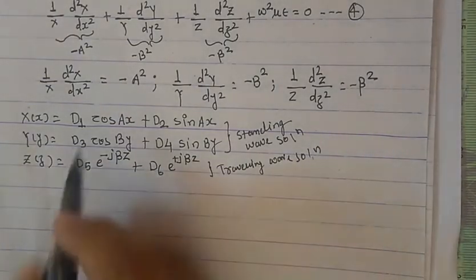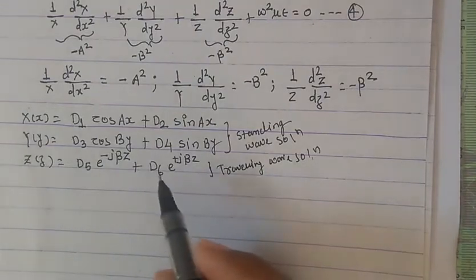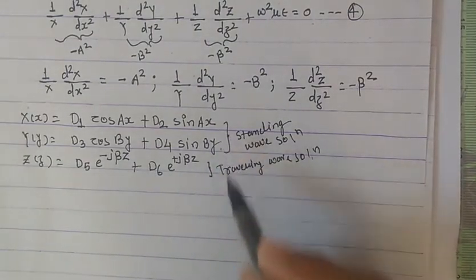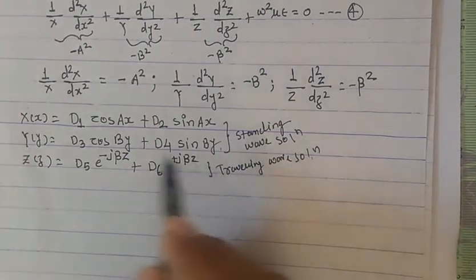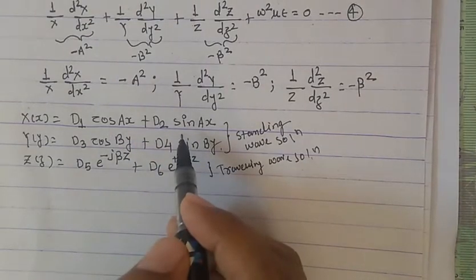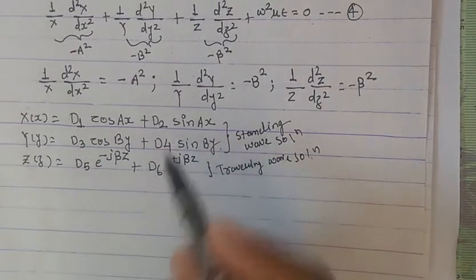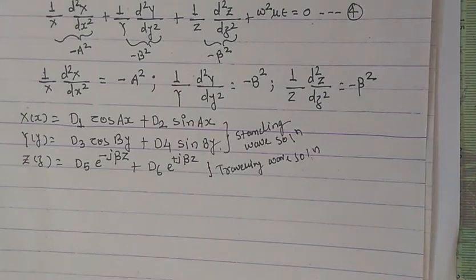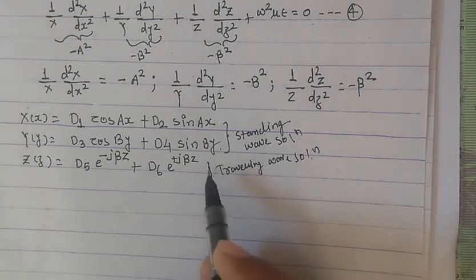So once again I repeat, d1 to d6 are some arbitrary constants. These are the standing waves, this is the traveling wave. Cos and sin terms represent the amplitude variation for your standing waves.